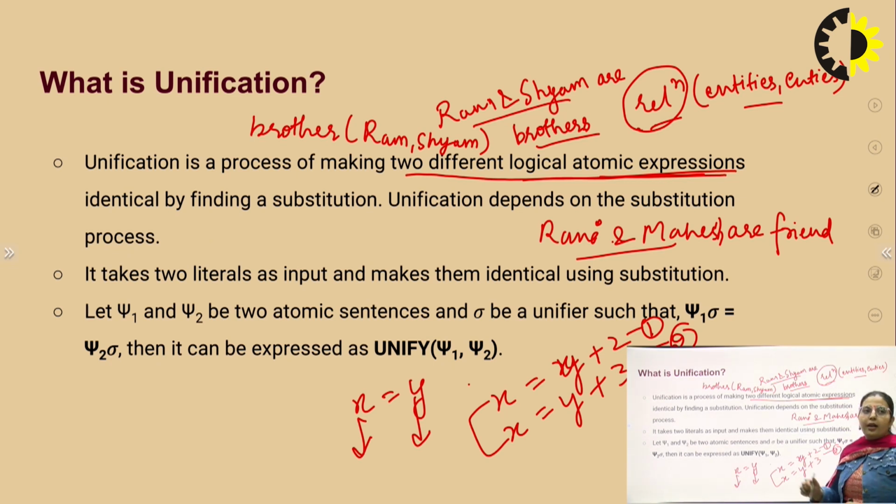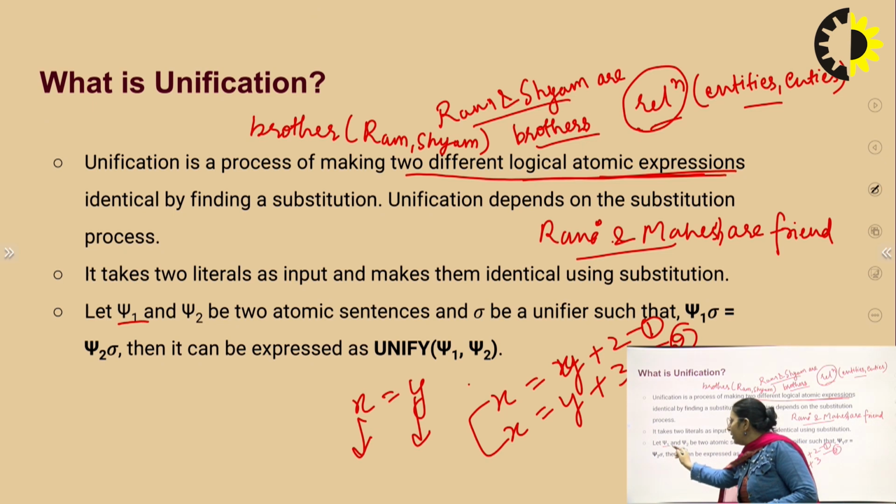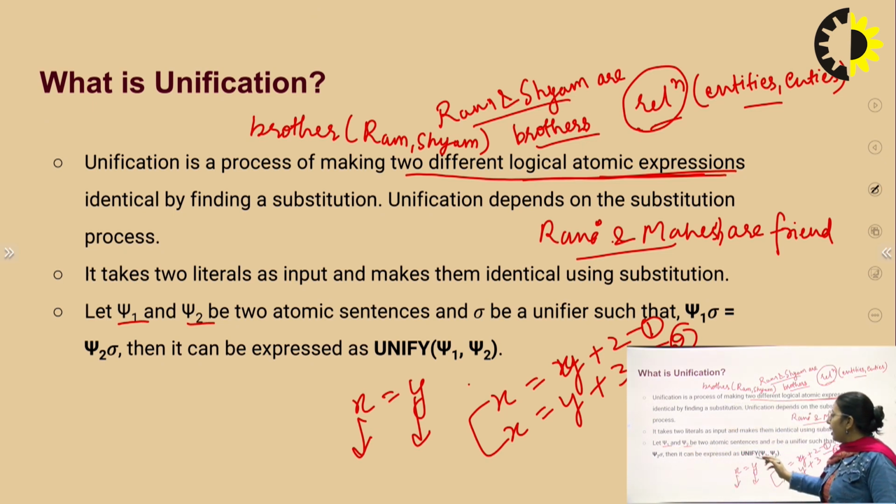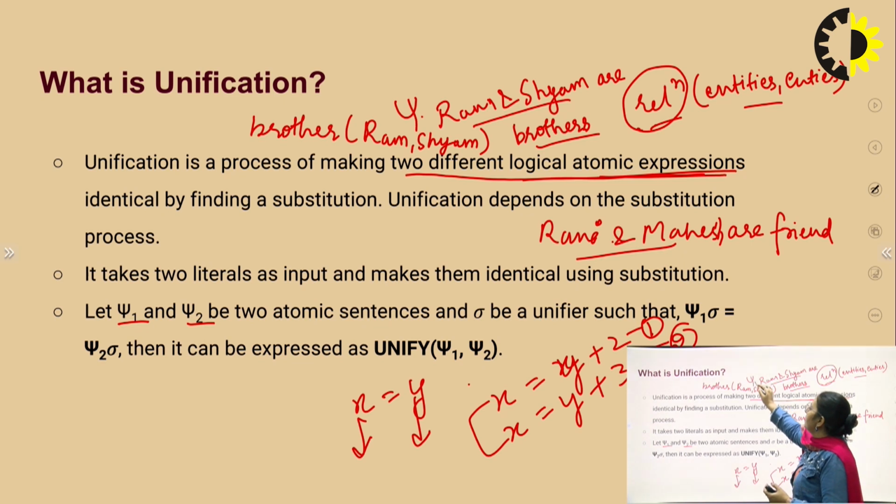So here we have taken two symbols, psi1 and psi2. Here psi1 and psi2 represent atomic sentences. For example, if this one, Ram and Shyam are brothers, is psi1, and Rani and Mahesh are friends is psi2, we have to unify these two sentences.